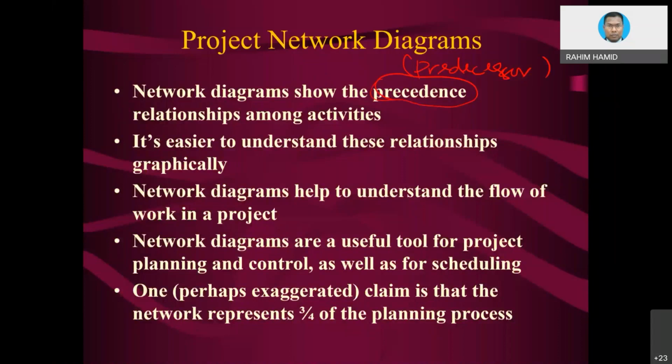So instead of expressing the activity in terms of subsequent activity, the concept of this network diagram always refers to the previous activity, because when we start to draw, we start drawing from the left side of the paper. That is the issue.